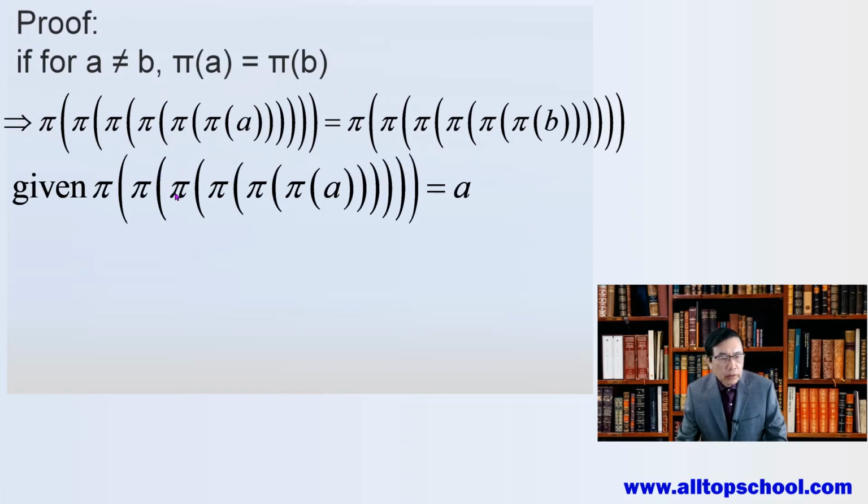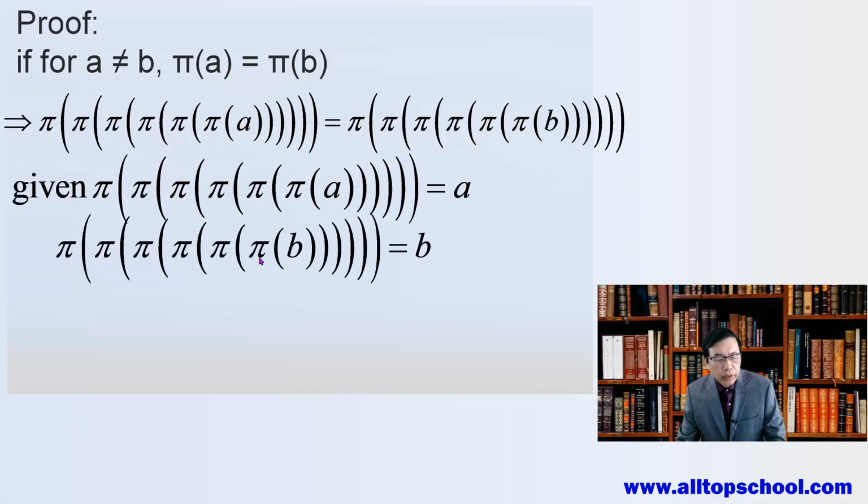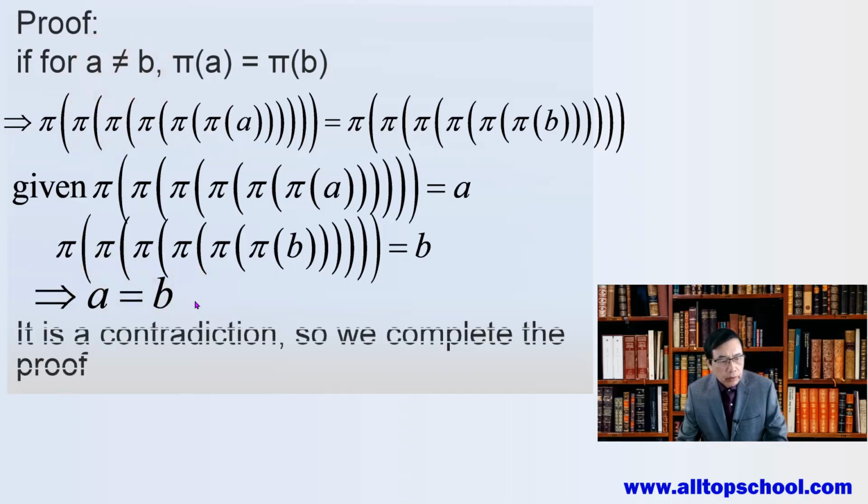But given that pi applied 6 times maps each element to itself, b also has the same feature, so we get a equal to b. That's a contradiction to a not equal to b. We just completed the proof.